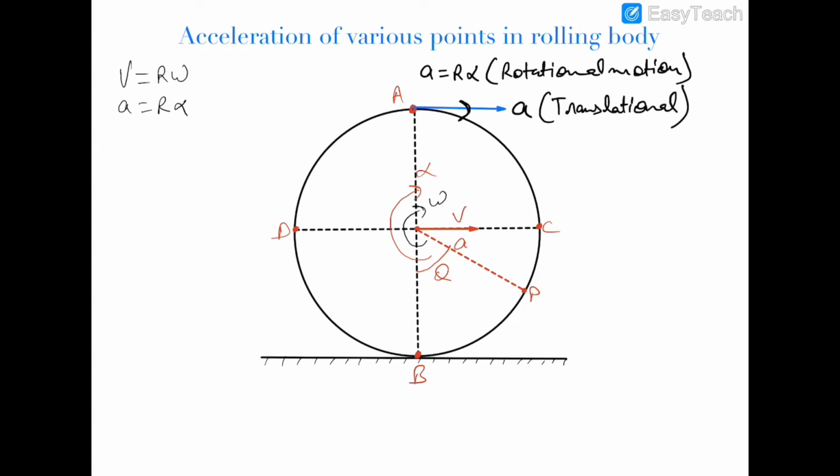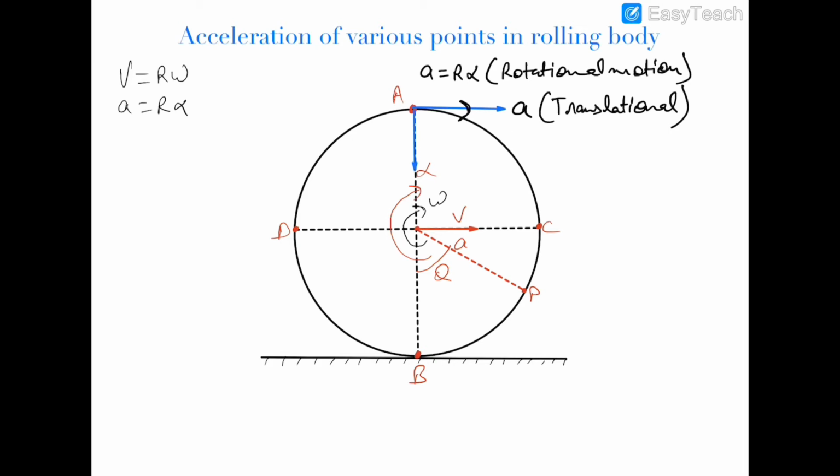You all know that if this ring was rotating about a stationary center, if its center would be at rest, and this ring was rotating about its stationary center, then there is an acceleration which is r omega square, also called centripetal acceleration, which is directed towards the center.